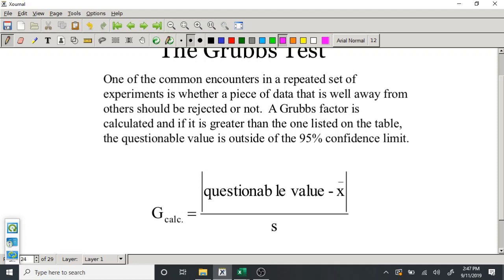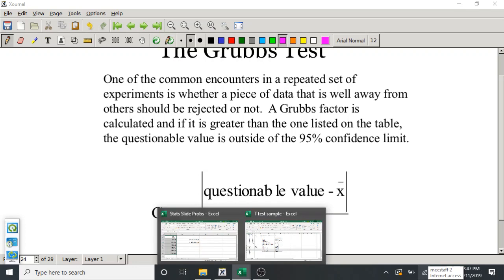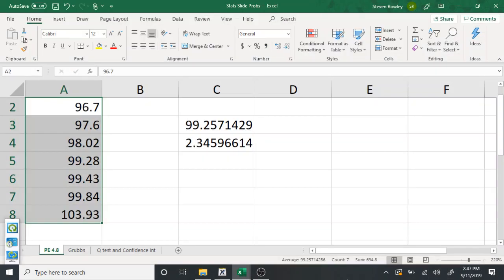So in the case of our data, let's look at that. We have 103.93. Our average is 99.26. Our standard deviation is 2.35. We'll use 2.35.